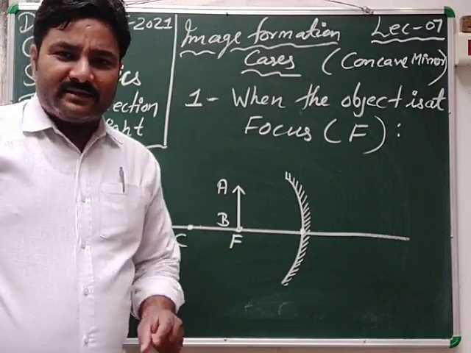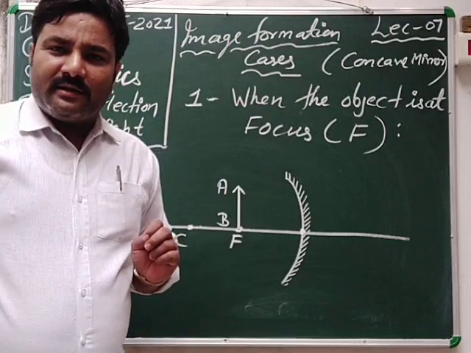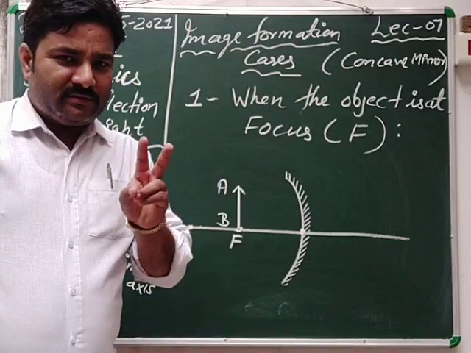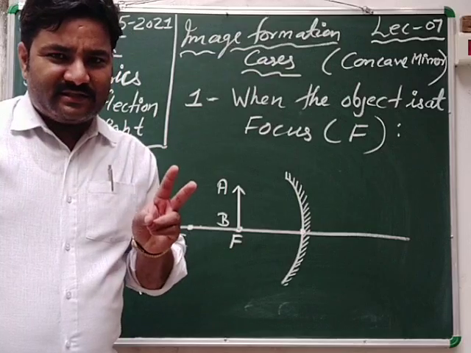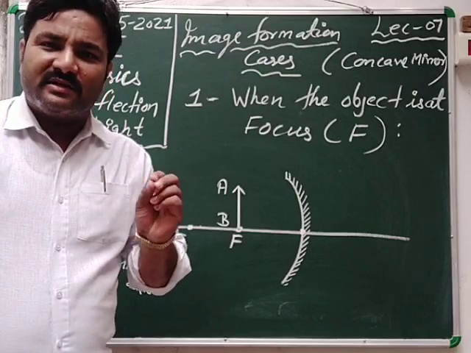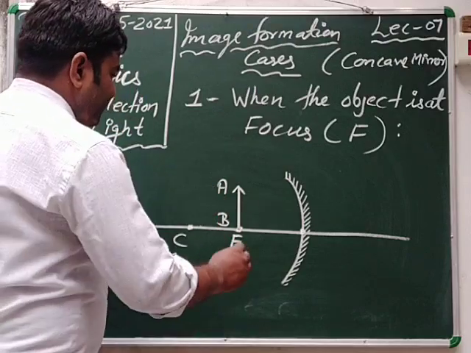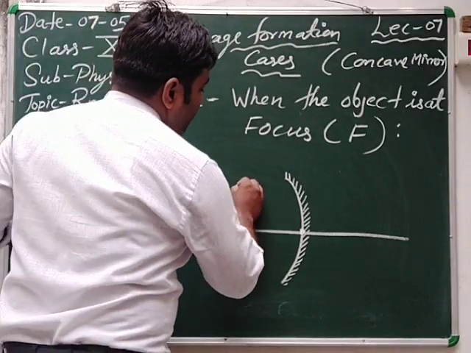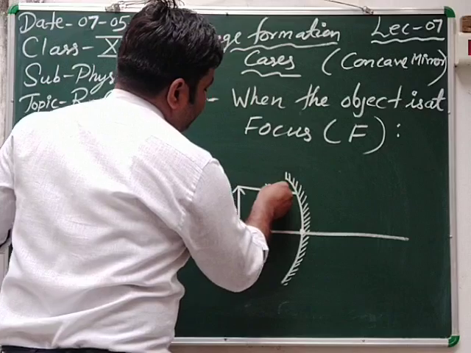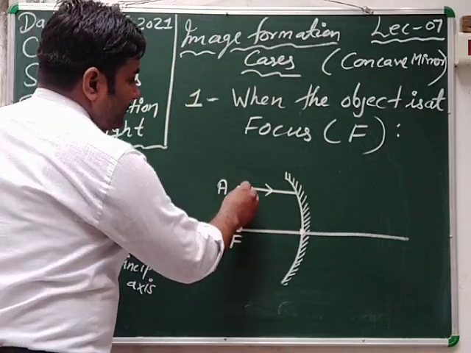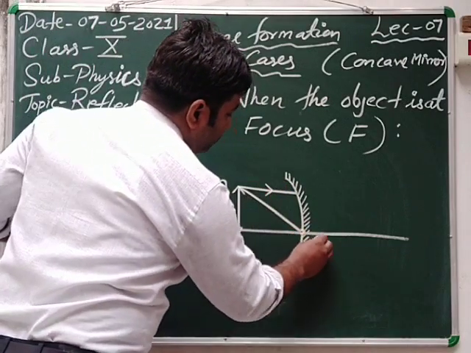So at least how many rays do we have to take? 2 rays, because whenever intersection occurs, at least 2 rays are required. So here 2 rays are taken, one that is parallel to the principal axis, another incident at the pole.